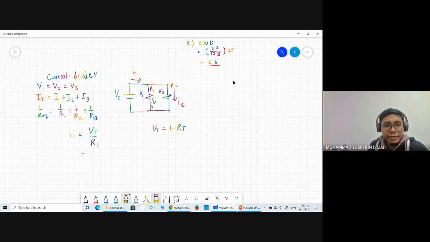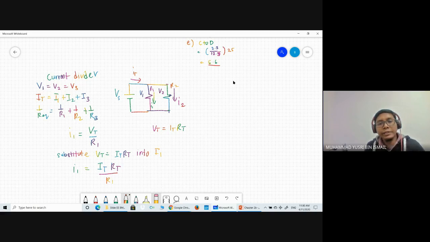In this case, substitute, and you will get I1 equal to I total R total over R1.